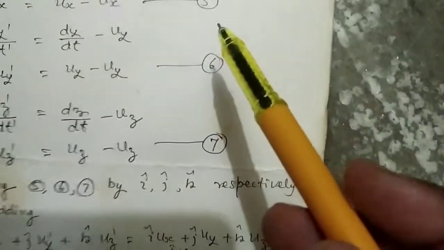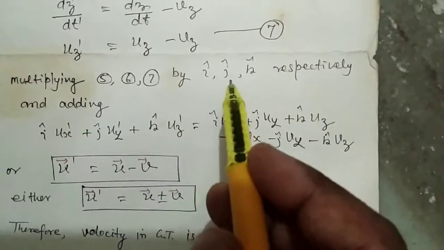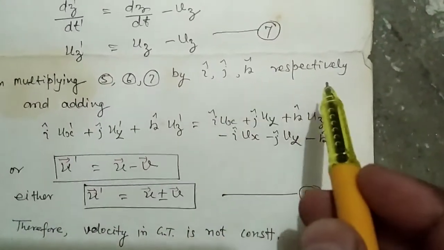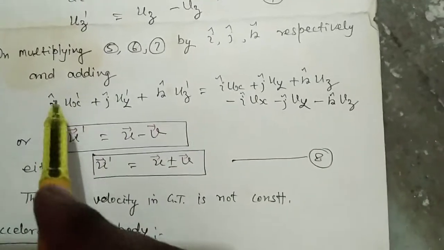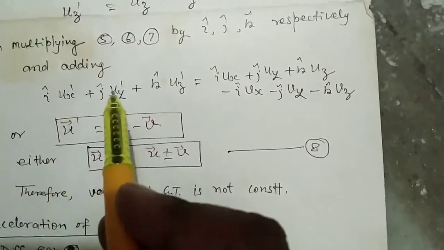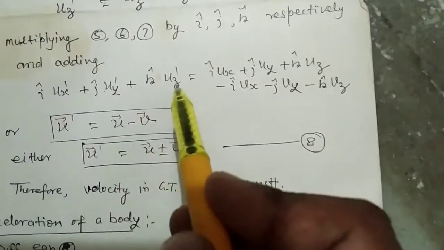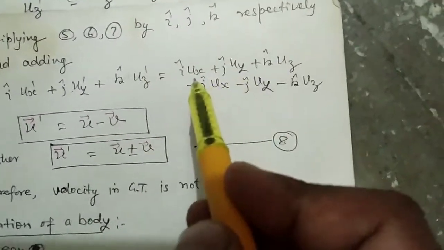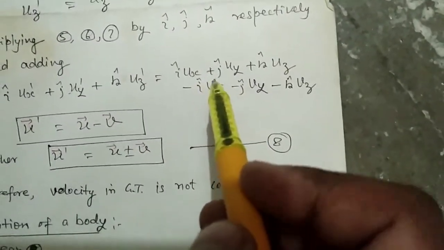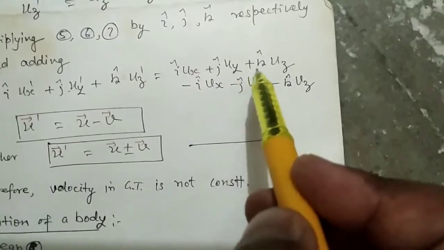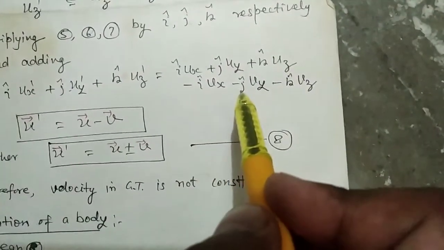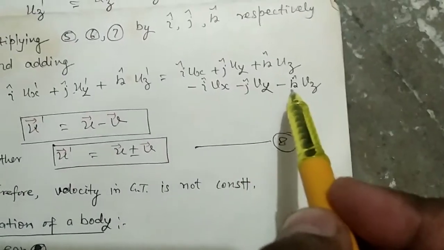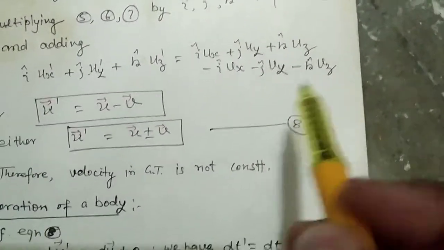On multiplying equations number 5, 6 and 7 by i cap, j cap and k cap respectively and adding, we get i cap ux dash plus j cap uy dash plus k cap uz dash is equal to i cap ux plus j cap uy plus k cap uz minus i cap vx minus j cap vy minus k cap vz.